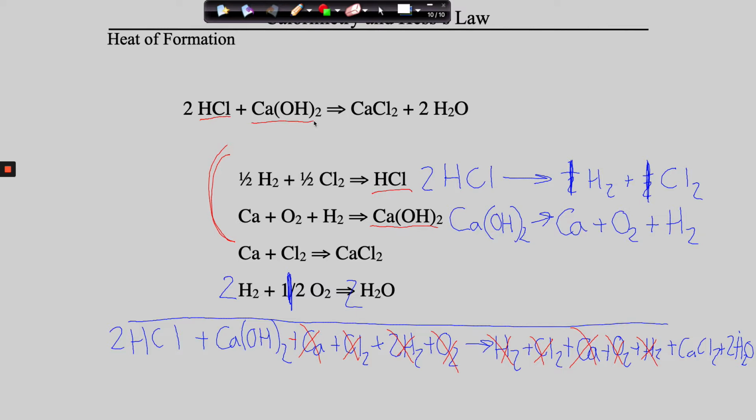Now, guys, watch this. This reaction right here, did we have to multiply it by anything? No. This reaction right here, did we need to multiply it by anything? We did, and we multiplied it by this 2. Now, guys, watch this. These 2 down here, why didn't we need to flip them?